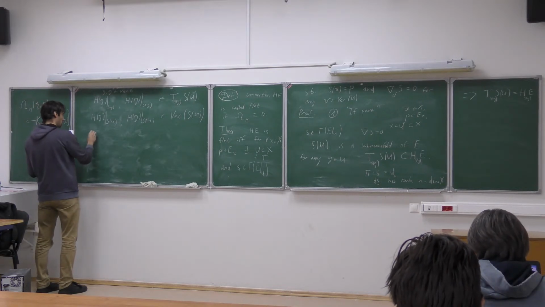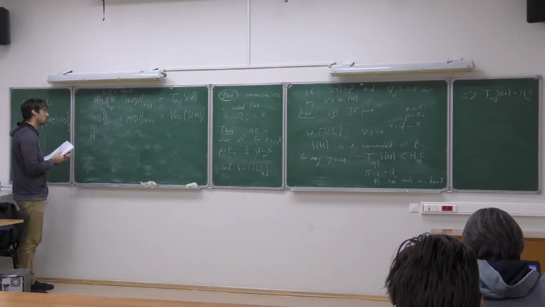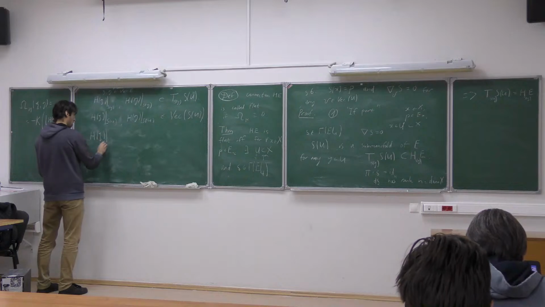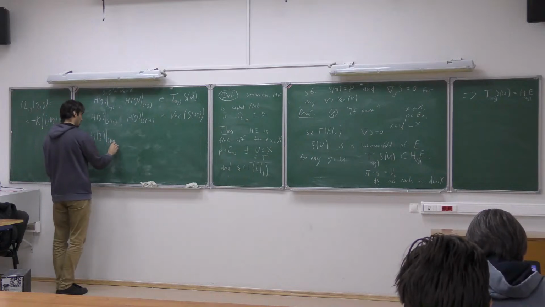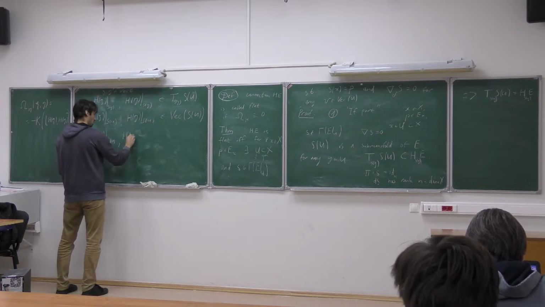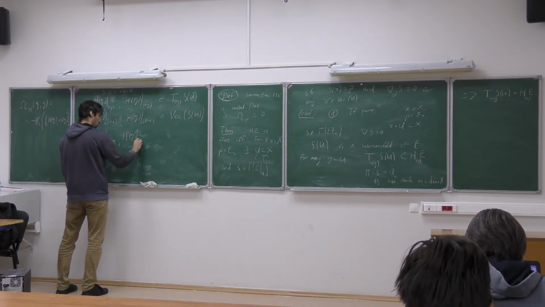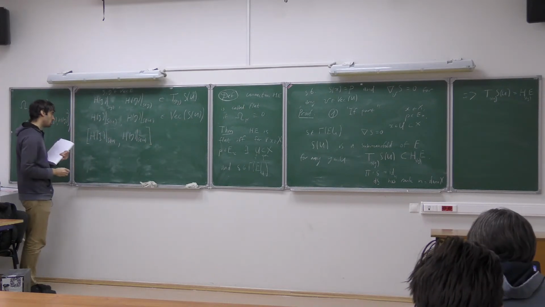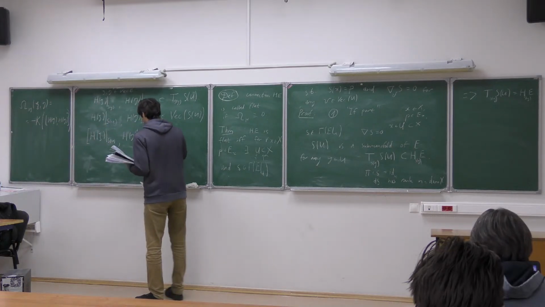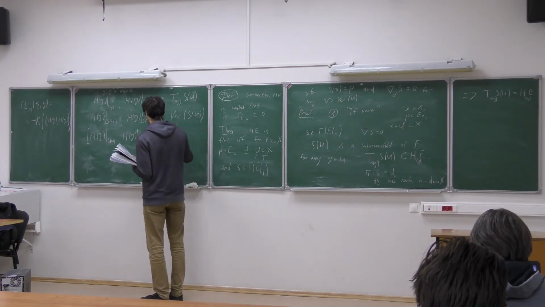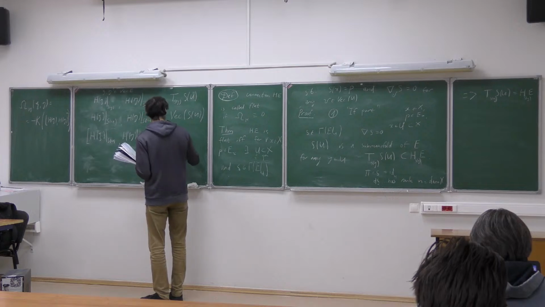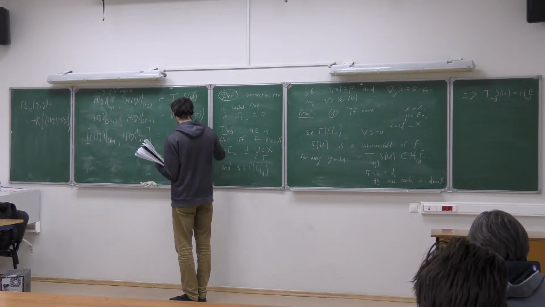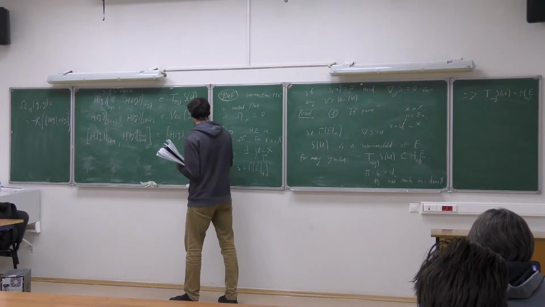But taking a commutator, so I can take the commutator, it's just the same as taking the commutator first inside the bigger manifold, and then restricting it to the submanifold.